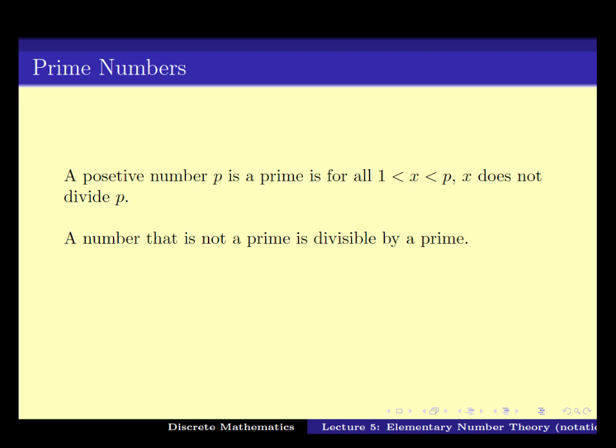So what are the examples of primes? 2 is a prime, and it is in fact the only even prime that we have. The other primes are 3, 5, 7, 11, 13, 17, 23, 29, 31 and so on.